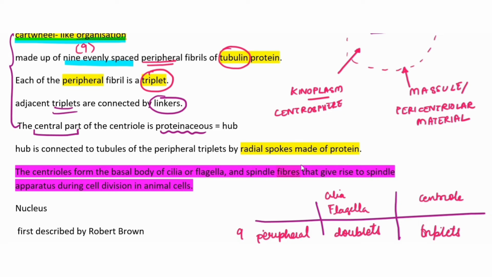Understood? And here again there are radial spokes made up of protein, which are connecting the central hub to the peripheral triplets. So I will draw the structure so that you understand. This structure is the hub, and there are 9 radially arranged peripheral triplets.